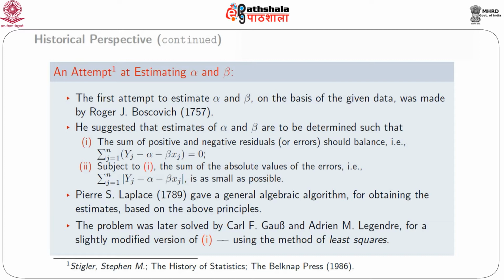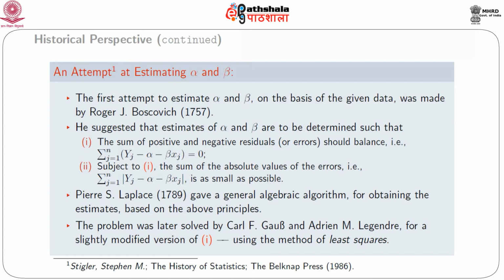That is, summation over j from 1 to n of (yj minus alpha minus beta xj) equals 0. Subject to this first constraint, the sum of the absolute values of the errors, that is, summation over j from 1 to n of modulus of (yj minus alpha minus beta xj), is as small as possible.